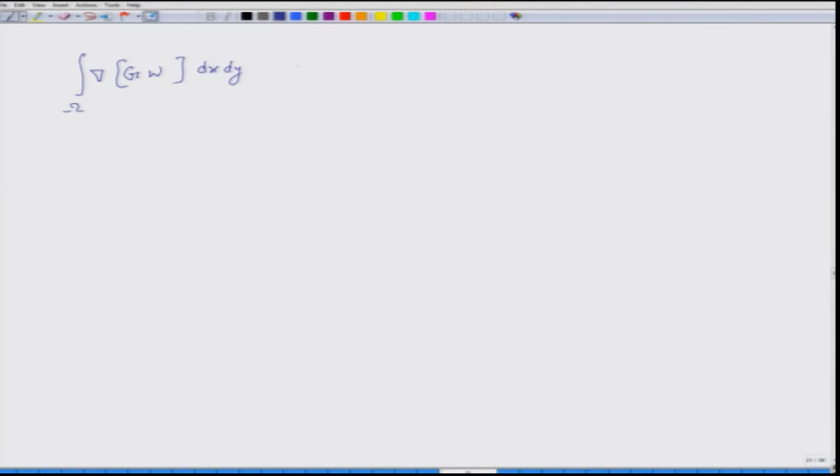I can express it as an integral where I first apply the operator on g, and then in the second case I operate it on w. So, it is w times the gradient of g, which is a vector, plus g times the gradient of w, dx dy.